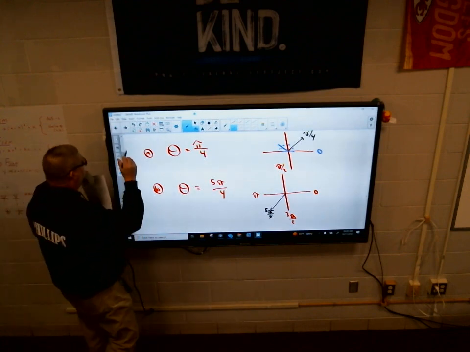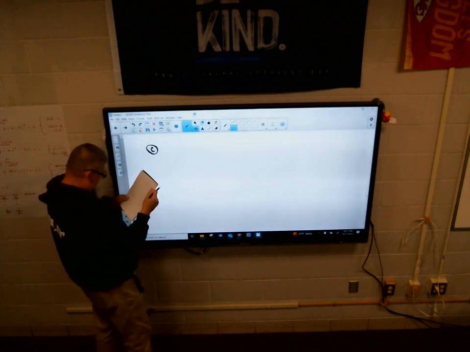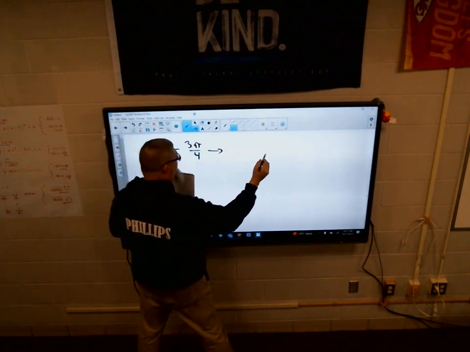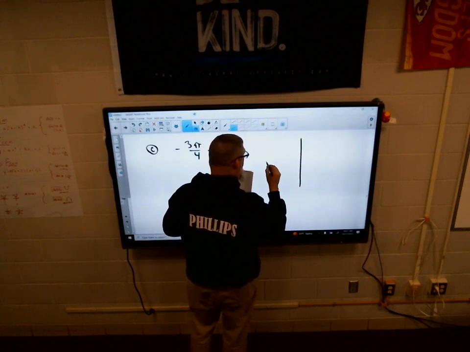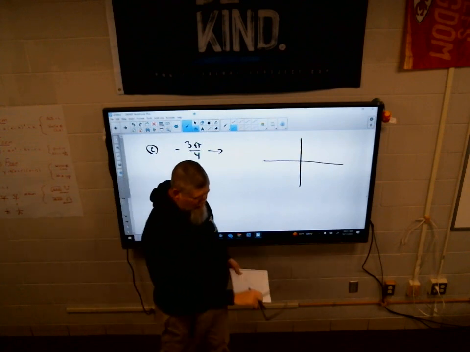All right, letter C, try letter C, standard position. Negative 3 pi over 4. Where would it be in standard position? Unless I'm actually introducing you to a new term.